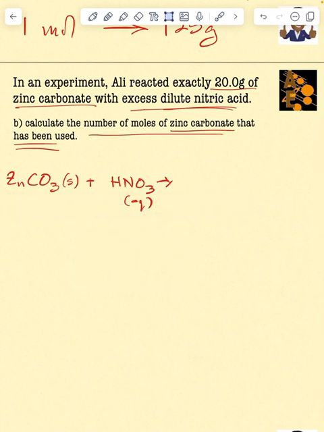Aqueous means dissolved in water. If you do not put aqueous, your teacher will deduct some marks. So you must know why it is aqueous. The state symbol must include aqueous for acids only. And for acid, we have H in front of it. It symbolizes the fact that when this HNO3 dissolves in water, it will produce H plus ions. That's why sometimes in my class when I teach acids, bases and salts, I love to say that acid as I created a character of acid man, you know.